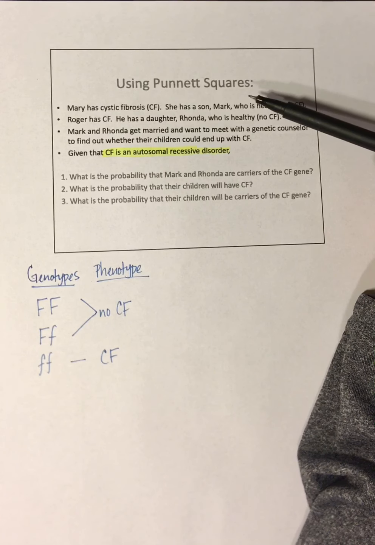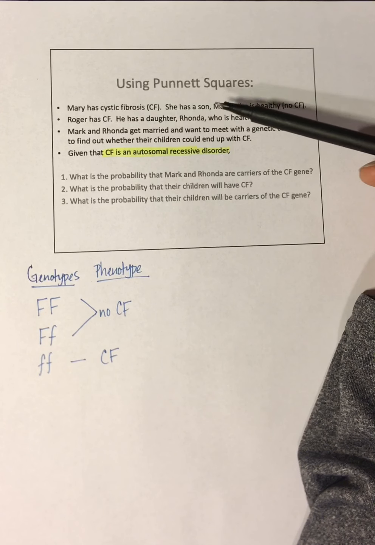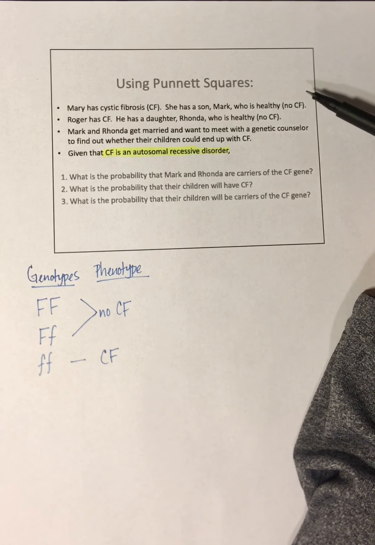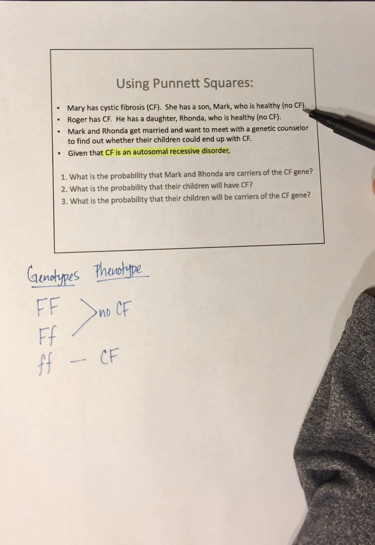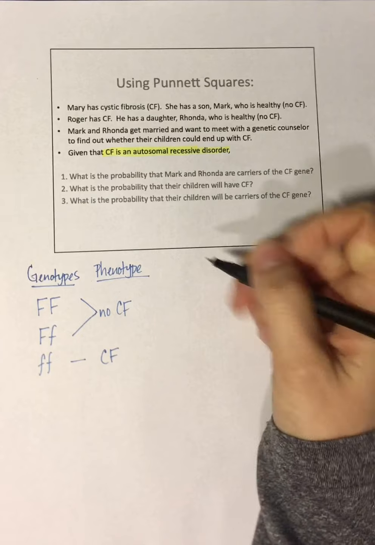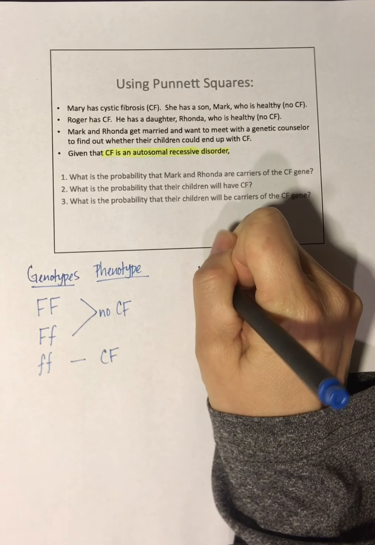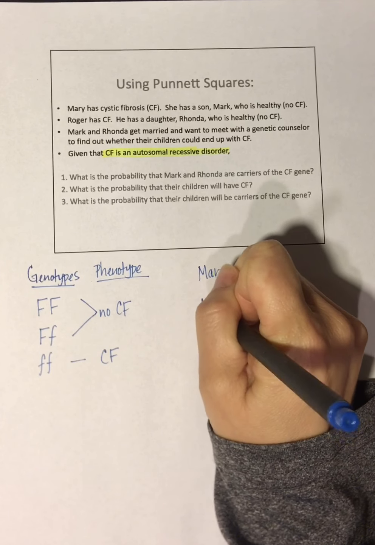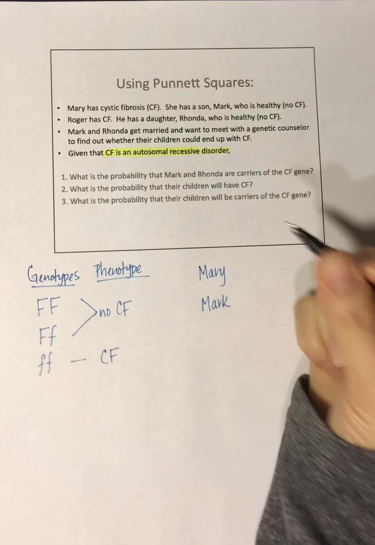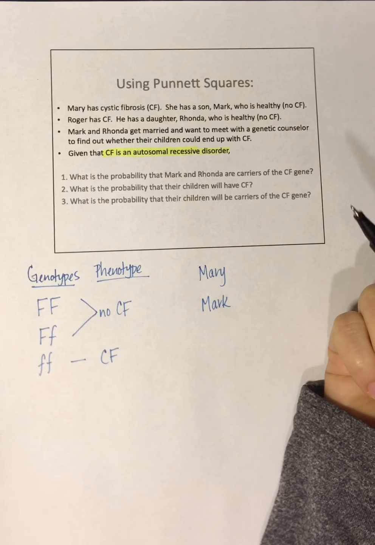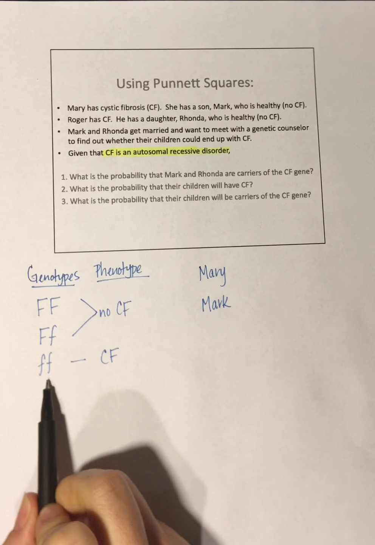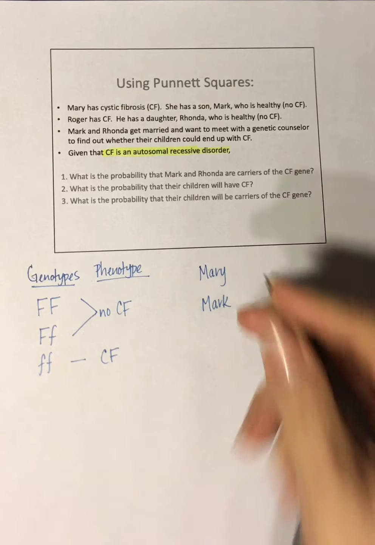So the first line talks about Mary. Mary has cystic fibrosis and she has a son, Mark, who does not have cystic fibrosis. So Mary has cystic fibrosis, but Mark does not. Well, in terms of their genotypes, if Mary has cystic fibrosis, we know she is homozygote recessive.